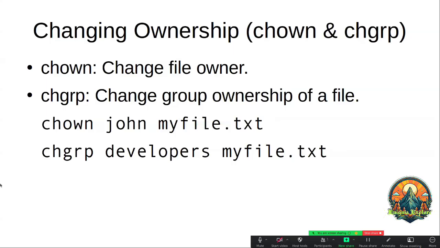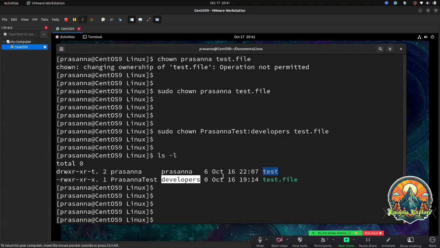Let us move to the change group command. Instead of changing both at once, if you want to change only the group, then you can use chgrp. The chgrp command is similar to chown, but specifically changes the group ownership of a file.